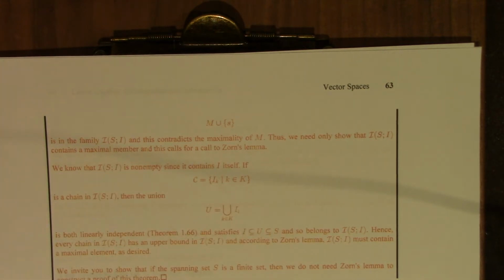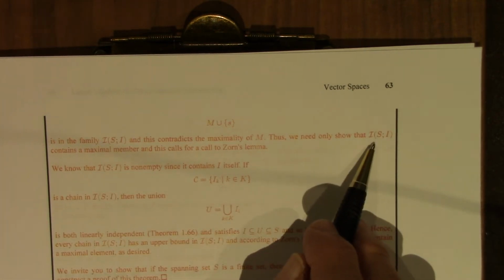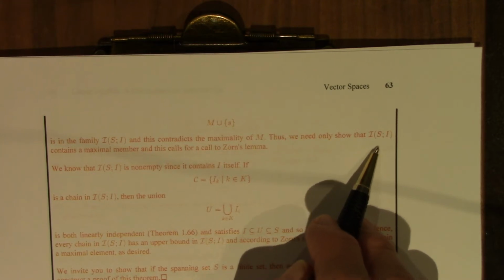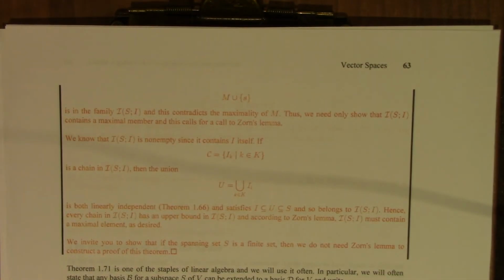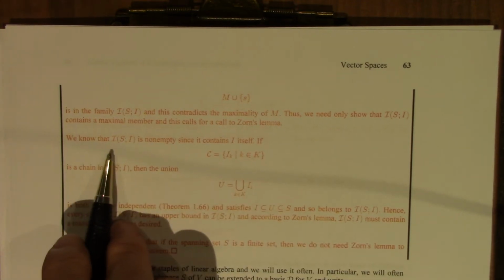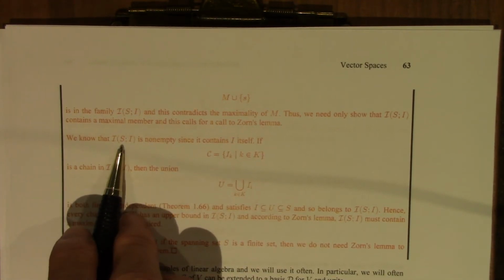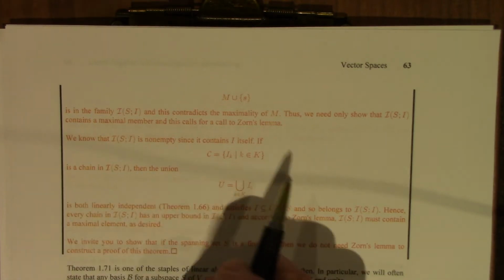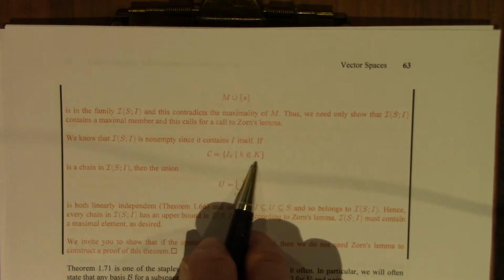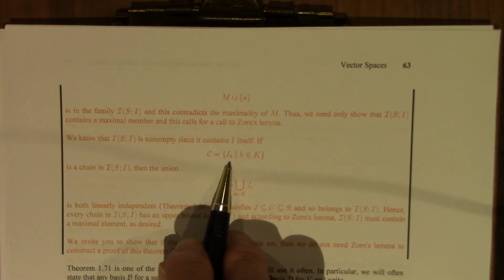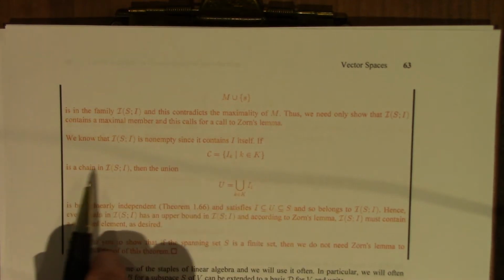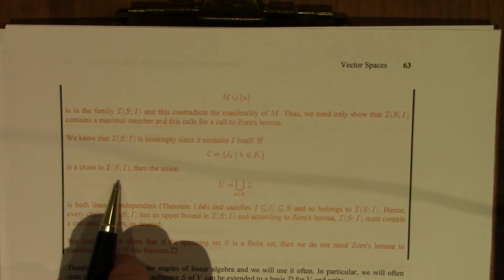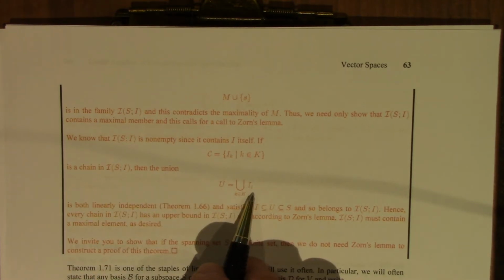So all we need to do is show that this family has a maximal member. And that's where Zorn's lemma comes in. We know this family is non-empty because it contains I. If we take a chain of members in the family, what about the union?